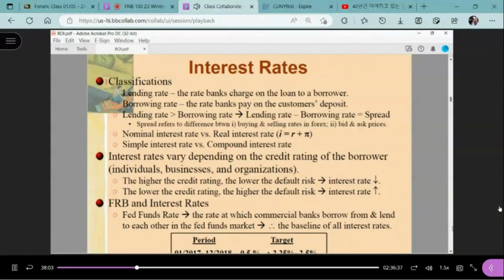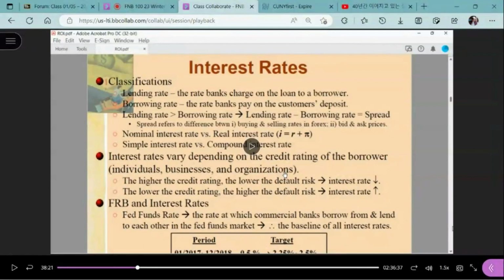But again, if you put it into a CD, you would probably earn, I don't know what the CD rate is these days, probably around 1.25%. And once again, that was as of January of last year, I mean 2022. As of now, the CD rates are somewhere around 4%. The interest rate has gone up.